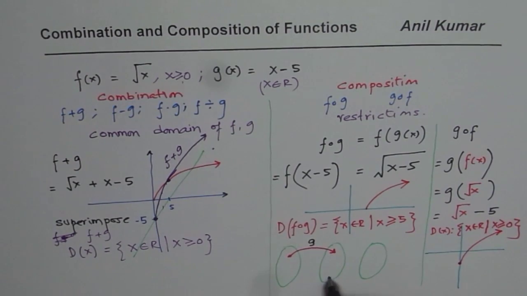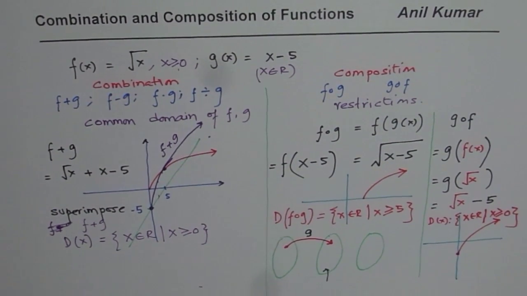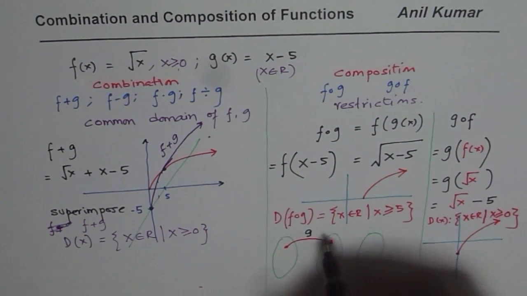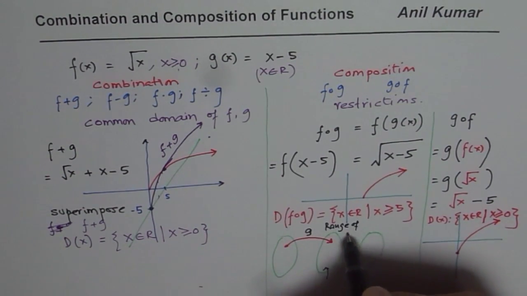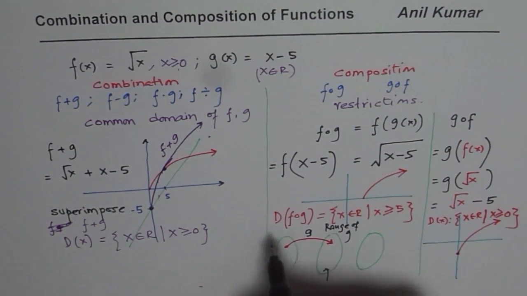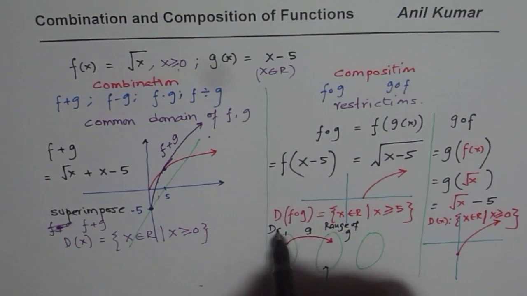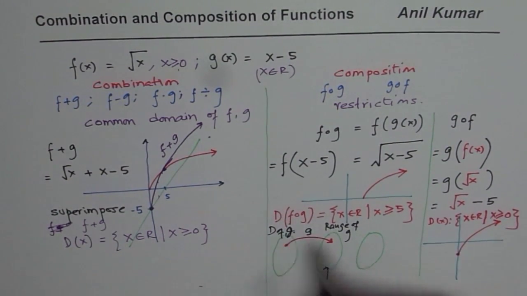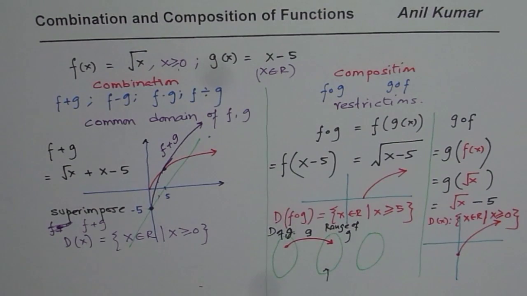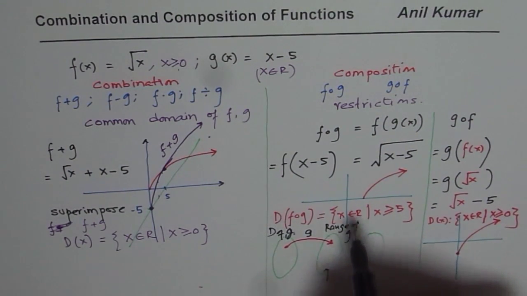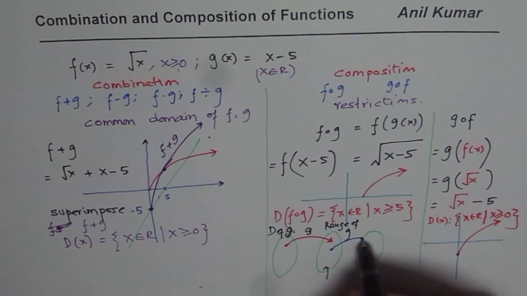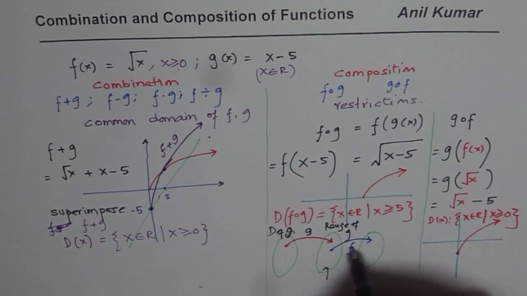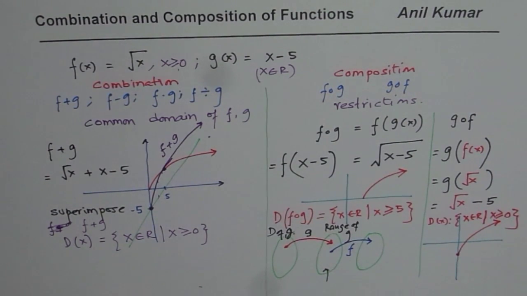So this is, let me push this page a bit here. So this is, let me write here, range of g, right? And domain of g, this is domain of g, correct? Let me write small. Perfect. Now, when you do f of g, then the range of g becomes the domain of f. So that is f of g, correct?